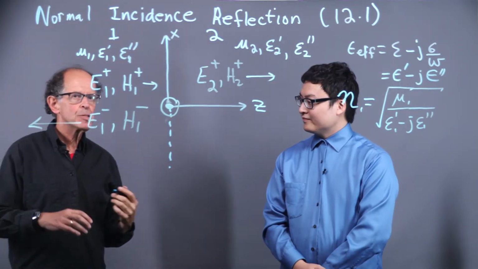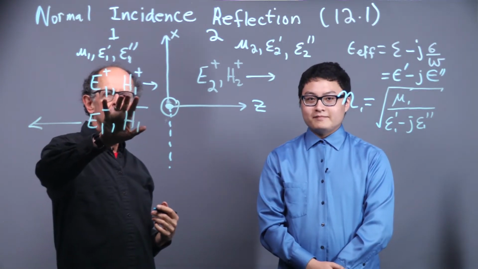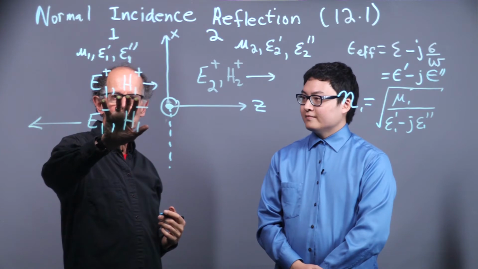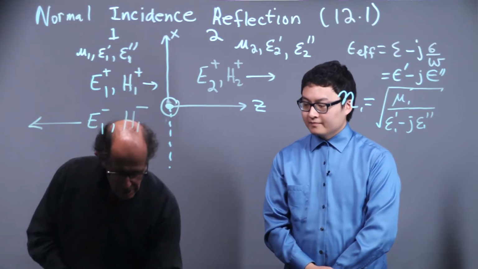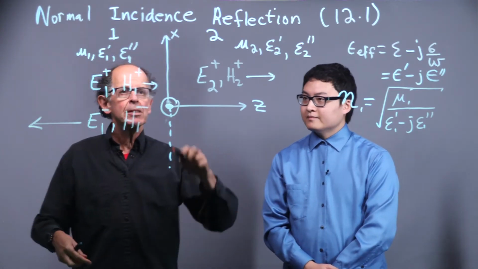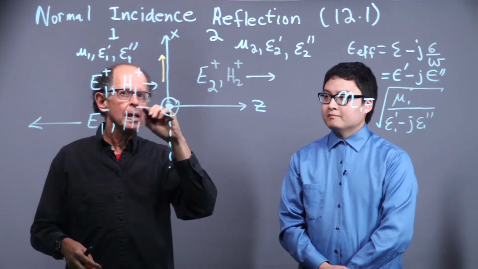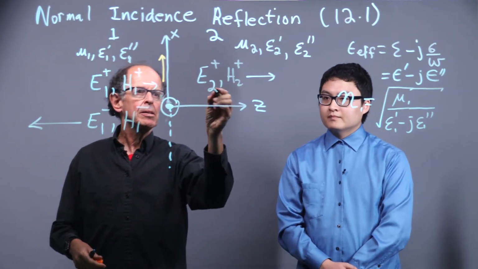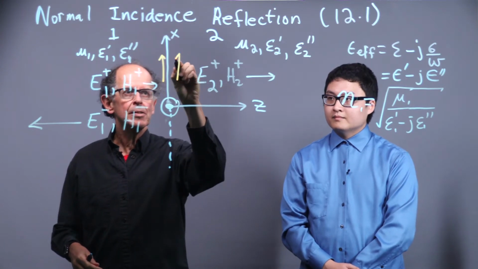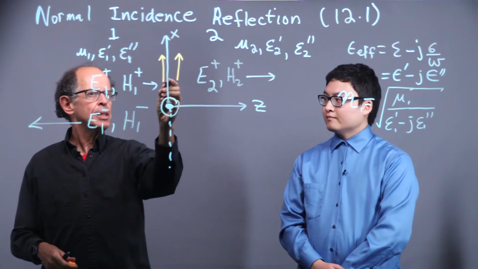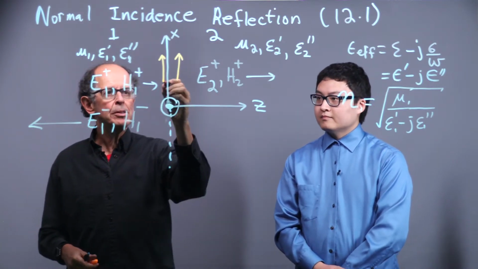Now we have to say something about the directions of the fields in this case. The electric field E1 plus is going in the x direction, and the same here, E2 is going in this direction. And we know that H coming in is in the y direction, out of the page.